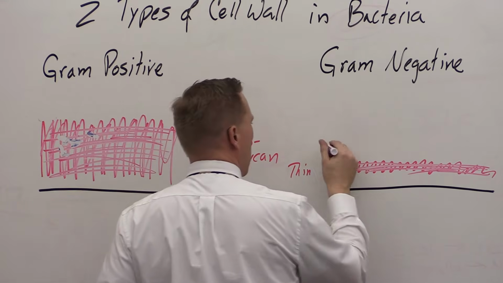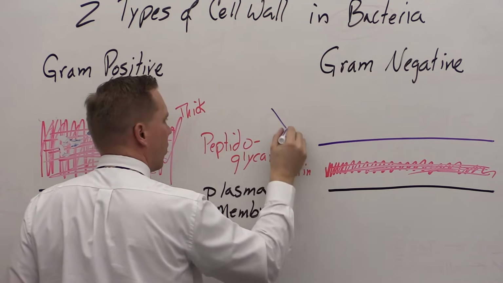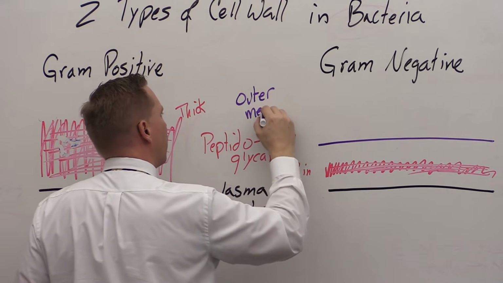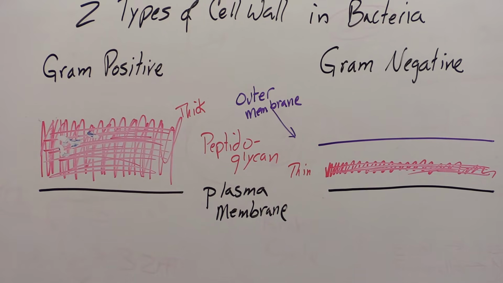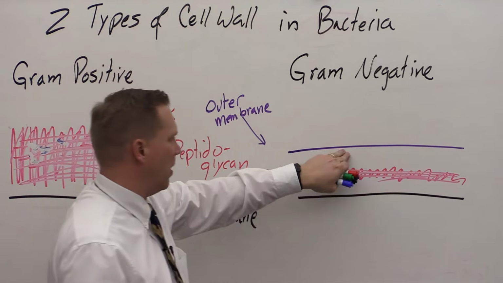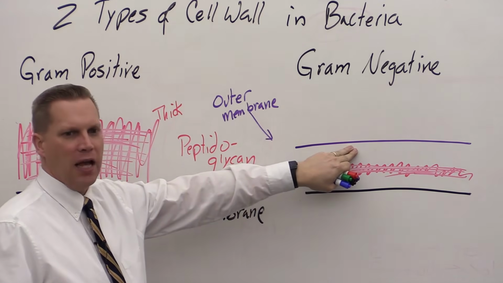Then we have a new layer right here, and this is called the outer membrane. So gram-negative bacteria actually have a second outer membrane. This would be a second, not a plasma membrane, but a lipid bilayer.